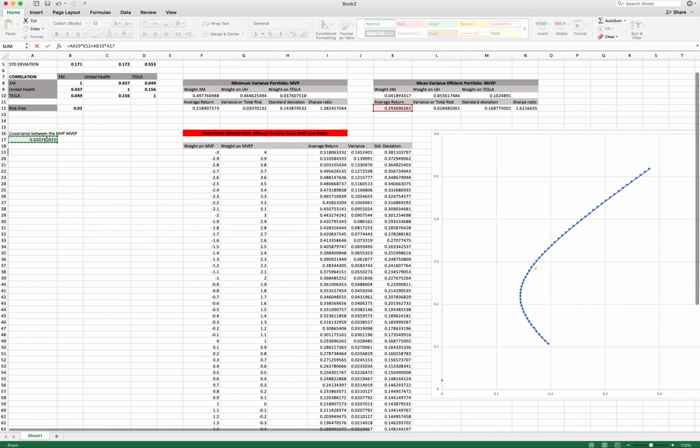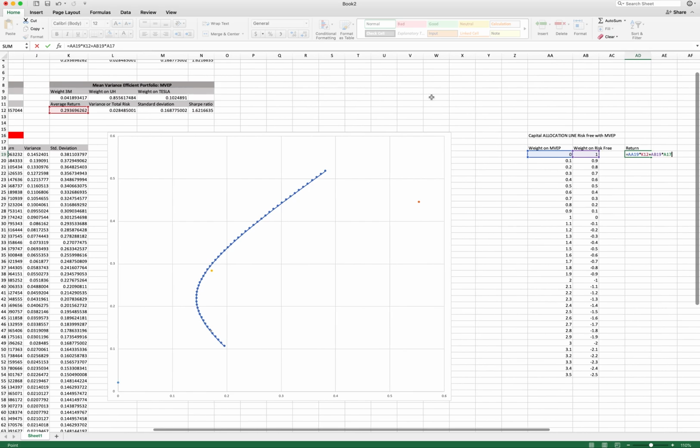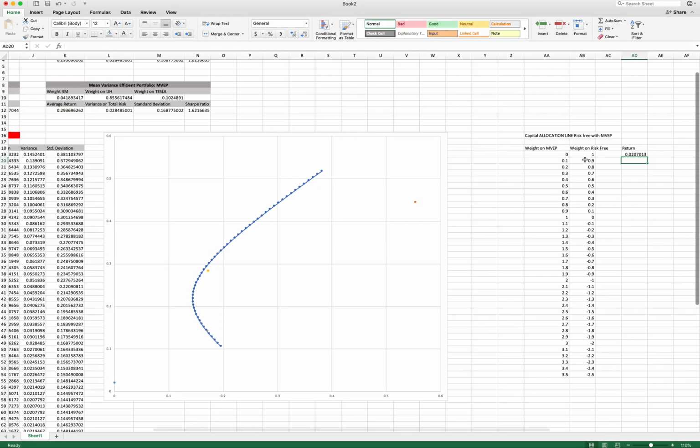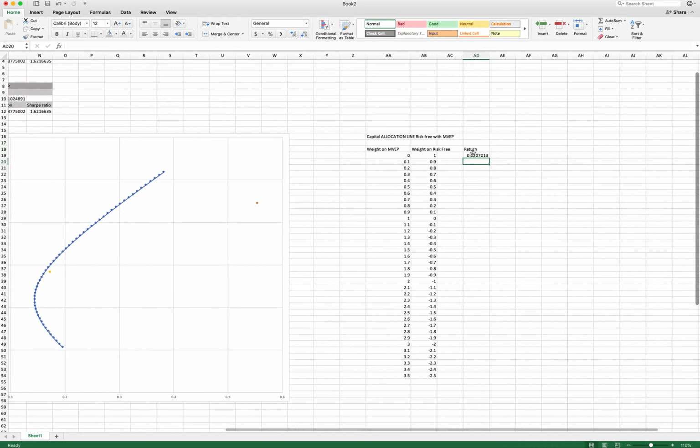That was all the way here on the risk-free. What I want to do is protect those values that are not going to move when I change the portfolio and put little dollar signs around them. Okay, so the return when you're all on the risk-free is equal to 0.